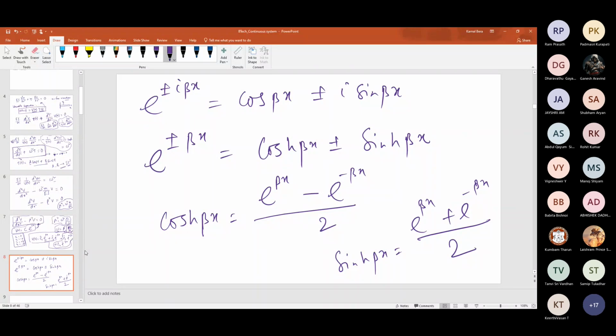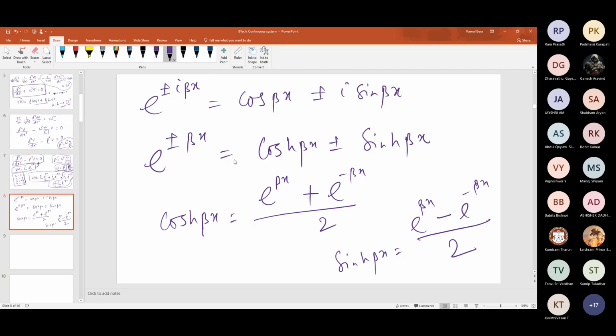Let's check the sign if it is correct. In sine it's negative and in cos it is positive. Okay, it is correct. You checked it, right? Yes, sir. Okay, fine, no issue.